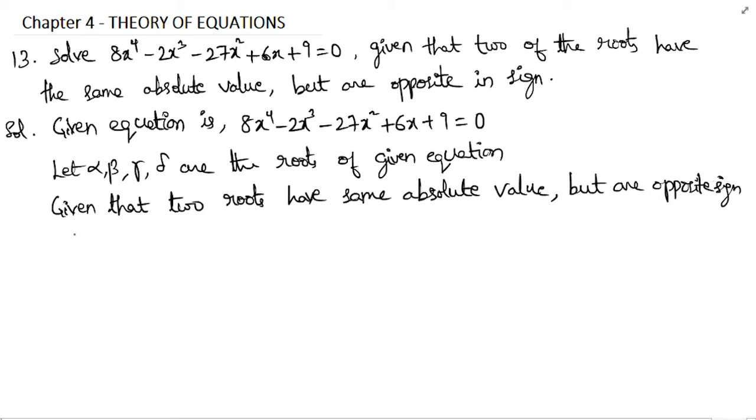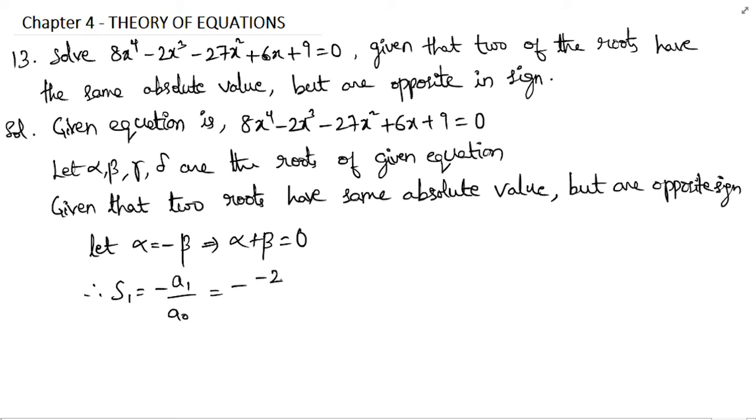Okay, so let alpha is equal to minus beta. That implies alpha plus beta is equal to 0. So therefore S1 is equal to minus of A1 by A0, right? So that means here minus of minus 2 by 8, which is equal to 1 by 4.